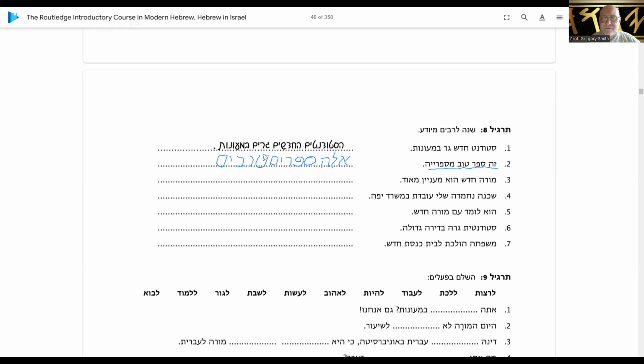Seferim tovim, mesifria. Okay, so ele seferim tovim mesifria. So these are good books from the library. Let's see what the answer key says.